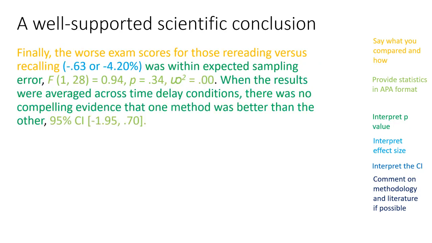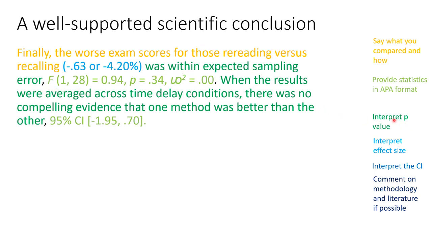The final paragraph deals with the main effect of study method, which wasn't very compelling, so that's why it's going last. I'm telling you what we compared. The worst exam scores for those rereading versus recalling, and then I'm providing the effect size, was within that expected by sampling error.